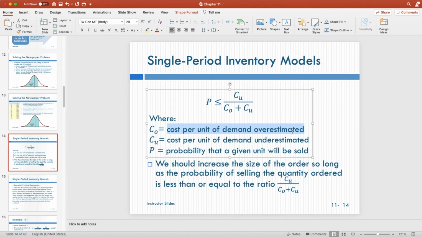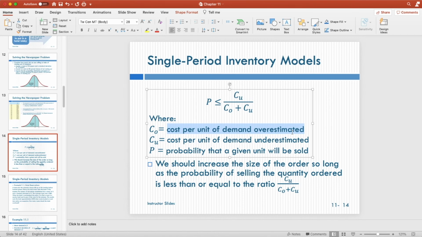Let's say you purchase 20 papers. If the market demand is exactly 20, then you perfectly match the market demand. But let's say you purchase 19, but the market demand is 20.